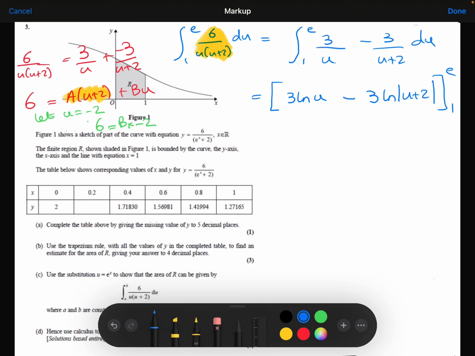Now to substitute the limits in, we'll get 3 ln e minus 3 ln of e plus 2 minus 3 ln 1 minus 3 ln 3.